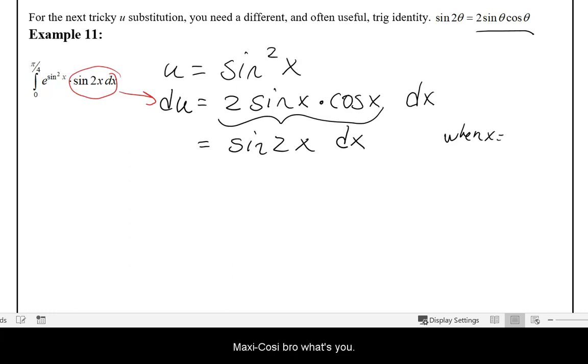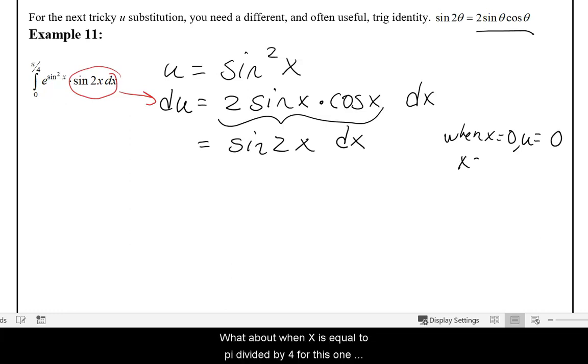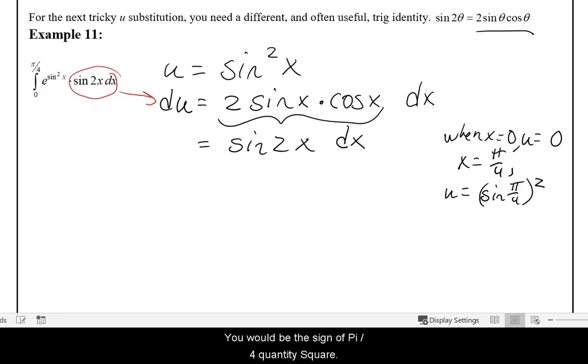When x equals 0, what's u? Well, if x is 0, the sine of 0 is 0, and 0 squared is still 0. What about when x is equal to pi divided by 4? For this one, you probably should write it down. U would be the sine of pi divided by 4 quantity squared.